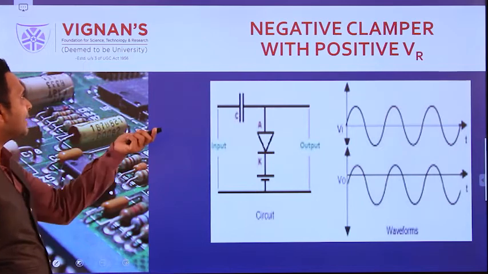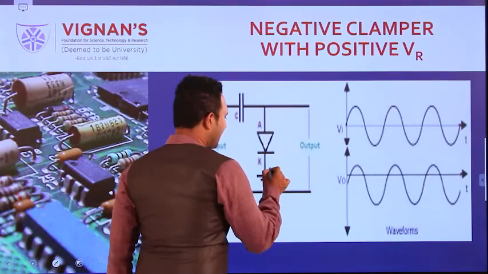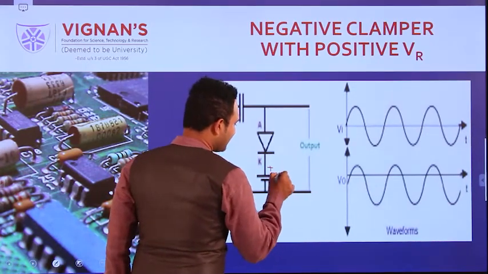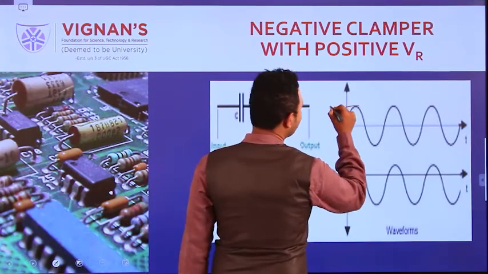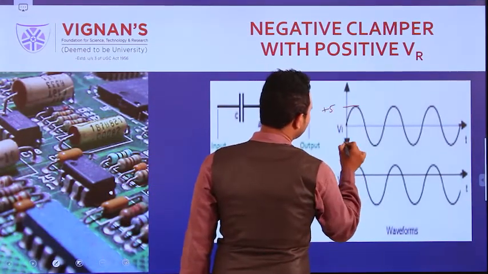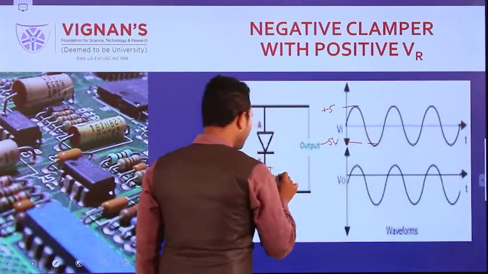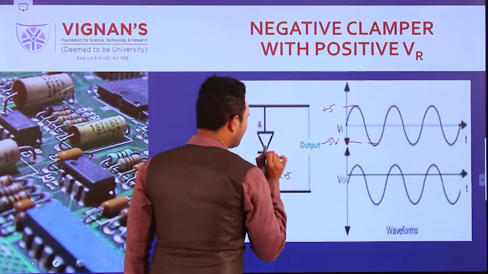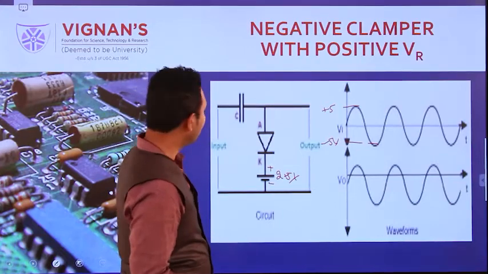Coming to the negative clamper with positive reference. Here we again have a positive reference voltage. Generally, if one side is plus 5 volts and the other is minus 5 volts, and here I am connecting plus 2.5 volts, then what happens?